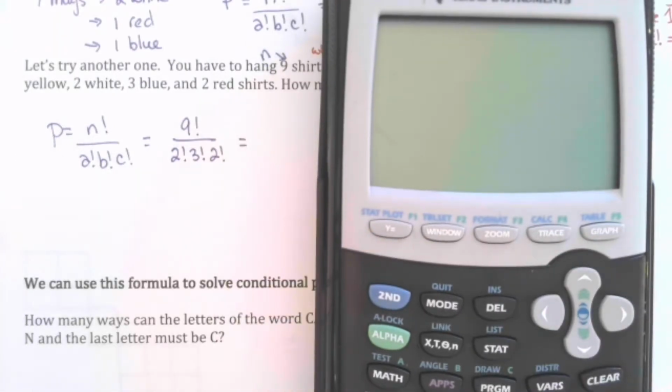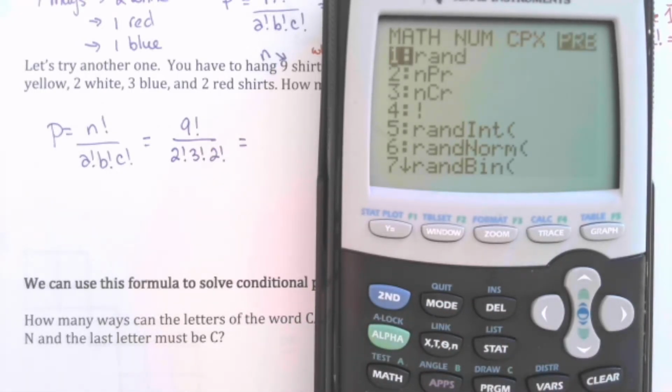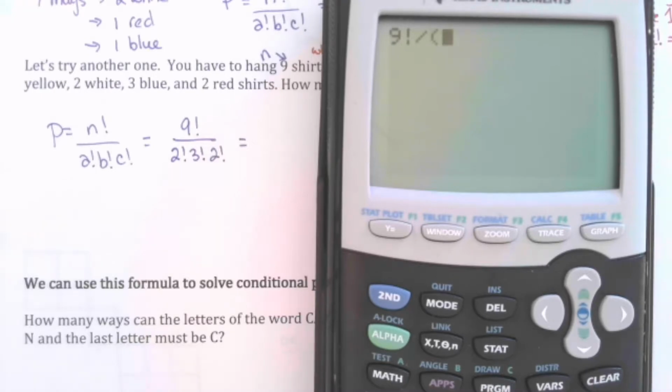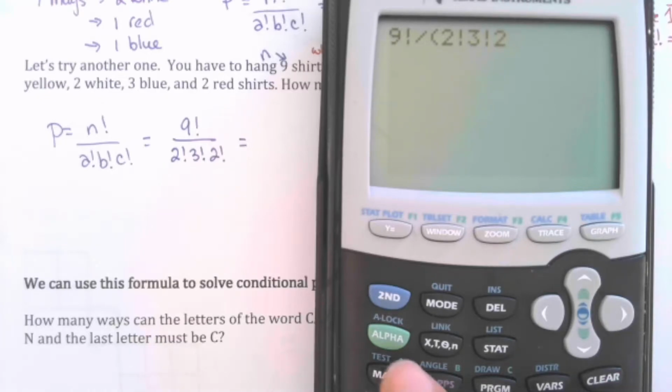When you do this in your calculator, you're either going to want to do it in steps or you're going to want to put brackets. So you're going to do 9 factorial divided by, and then a bracket, 2 factorial times 3 factorial times 2 factorial. And we get that there is 15,120.